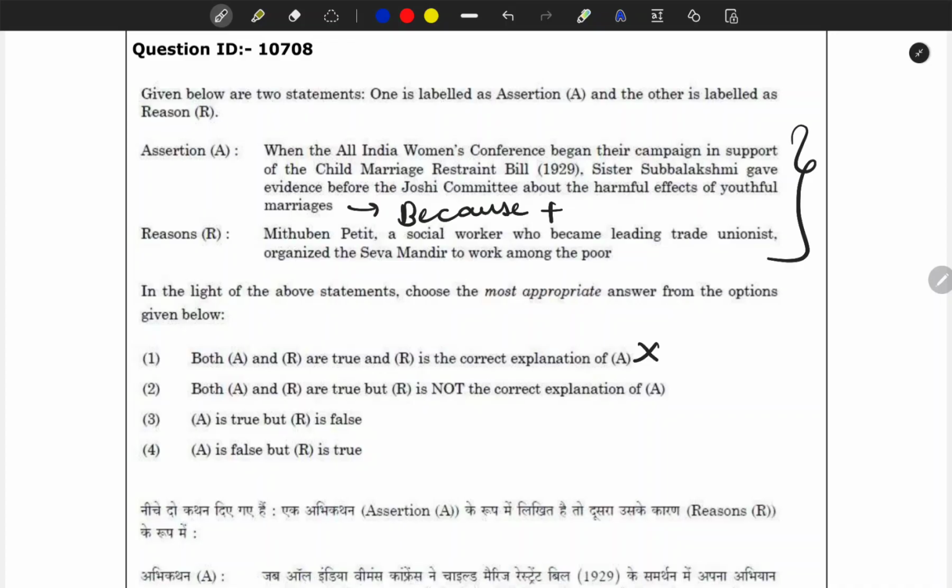So this is why I said that this is only a 3 option question. If you know the facts, it is very good. If you don't know, I'd suggest that since both of these are very factual, you can go with any of these 3.